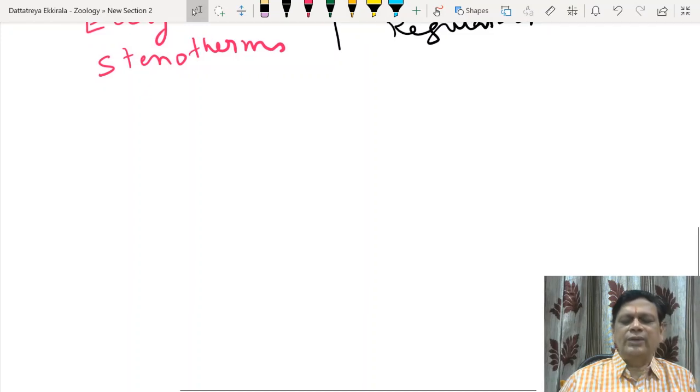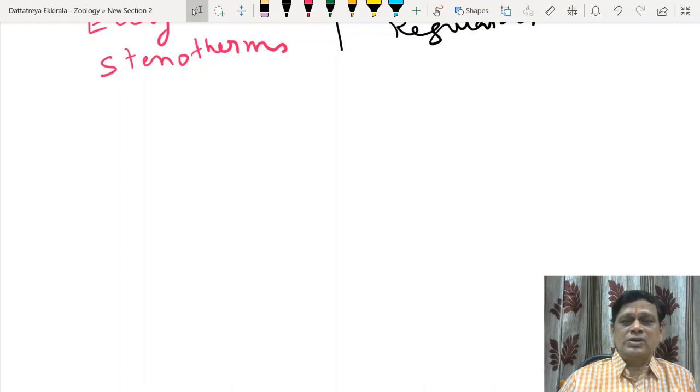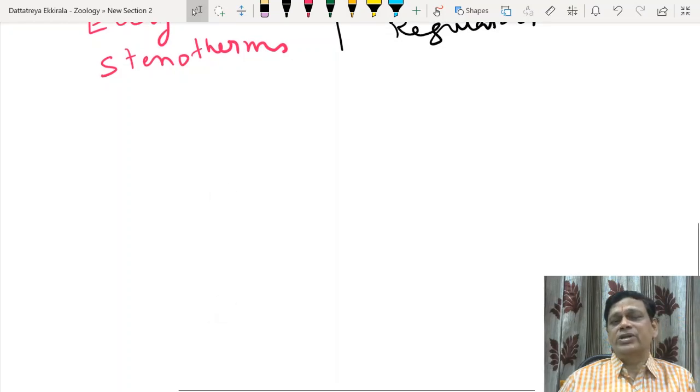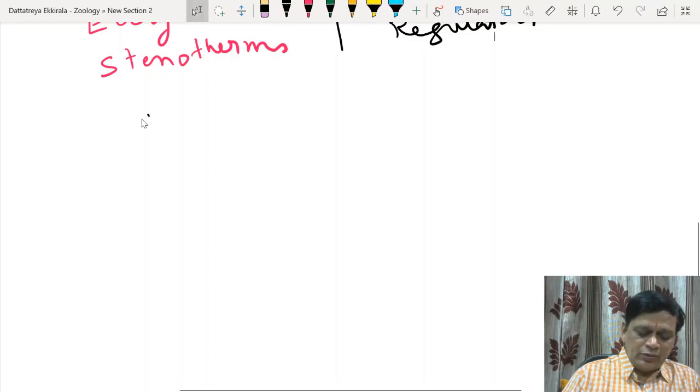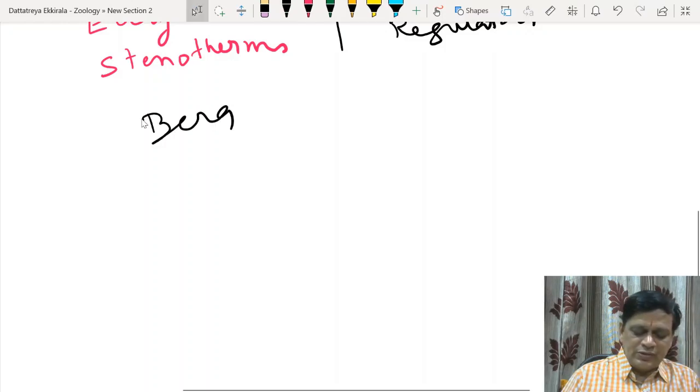I'm just saying, temperature influences metabolic rates. So size of the body and temperature is explained by Bergmann's rule. In colder areas, animals are larger. In warmer areas, small. So that in cold areas, they lose less heat. Then another rule called Allen's rule. So these are the important rules: one is Bergmann's rule and Allen's rule.